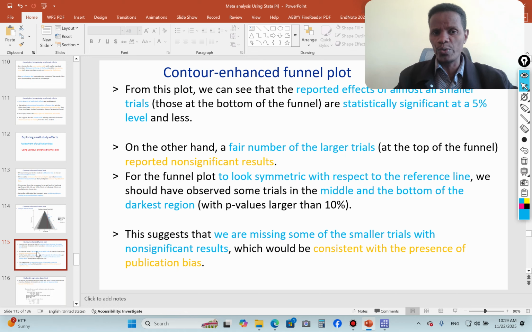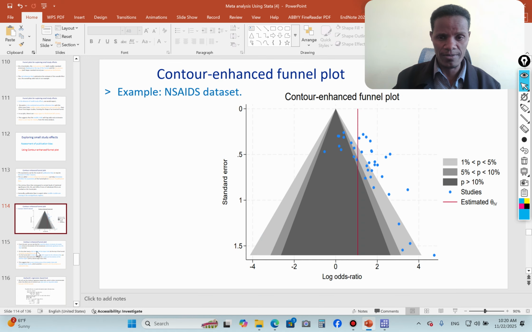So from this plot, we can see that the reported effects of almost all small trials at the bottom of the funnel plot are statistically significant in this area on the right side of the funnel plot. These are very statistically significant, you see, at the bottom, small studies.